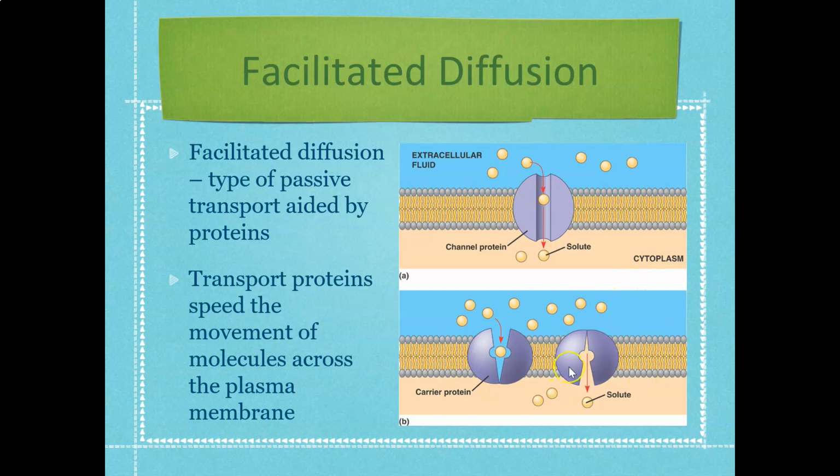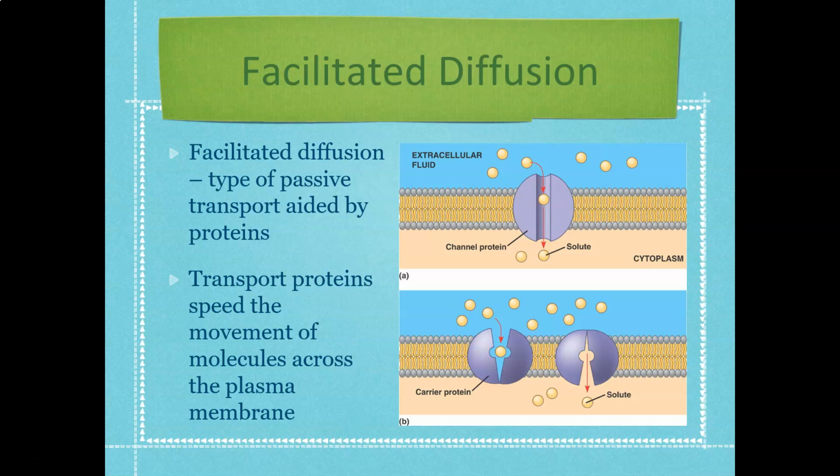And these tend to be more gated channels, meaning that they either are just being worked based on concentration gradients, or they can also be facilitated based on attachments of other molecules that sort of unlock the gate, if you will. We'll talk a little bit more when we get to things like your endocrine and nervous system later this year when we talk cell communication.